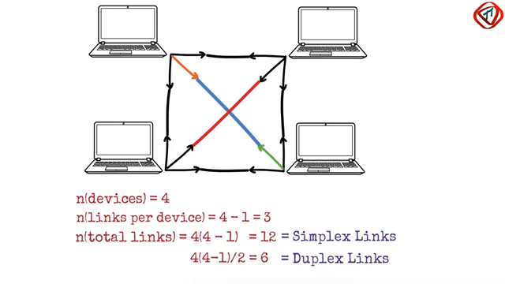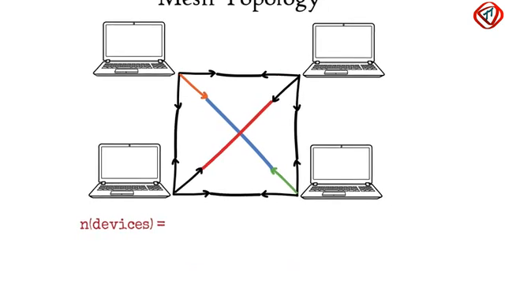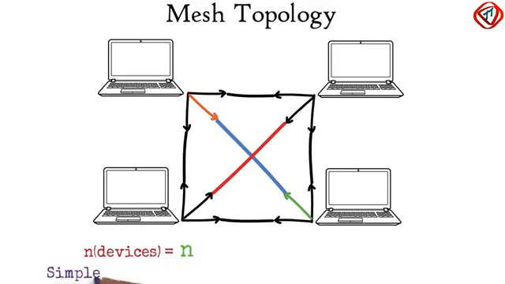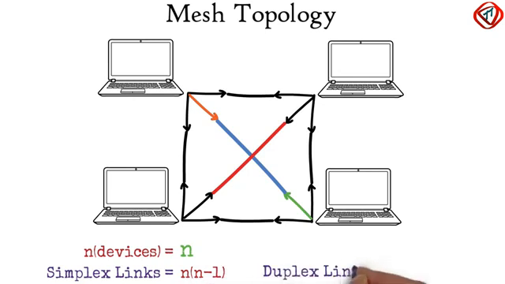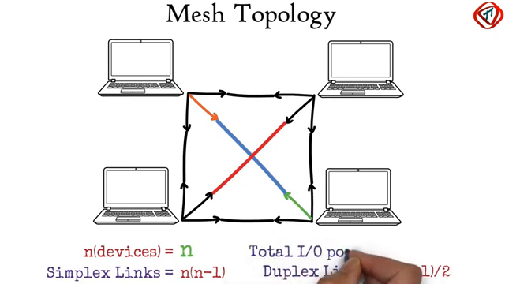In general, if there are n devices, the total number of simplex links is n into n minus 1. The total number of duplex links is n into n minus 1 by 2. And the total number of input-output ports in each device is n minus 1.